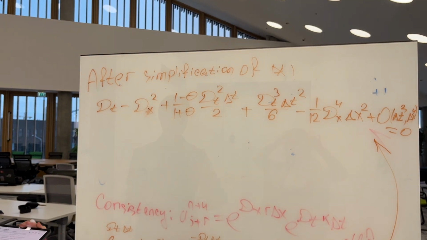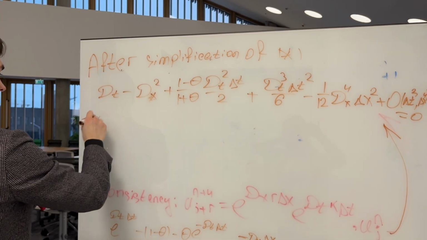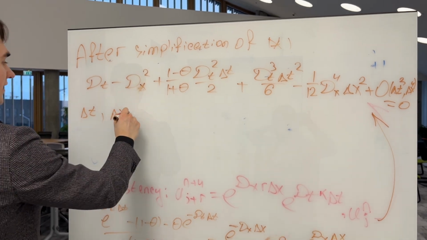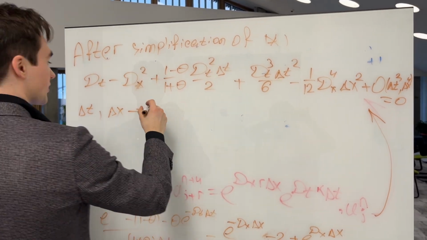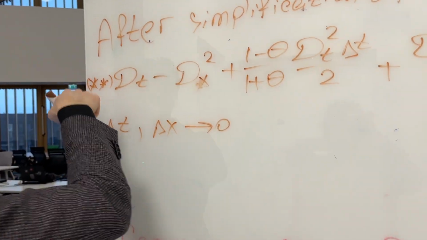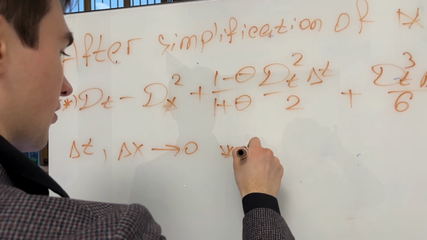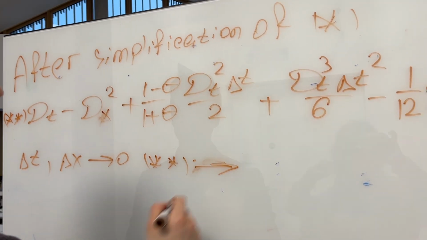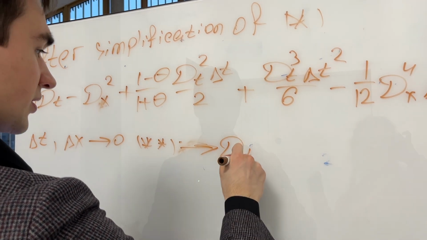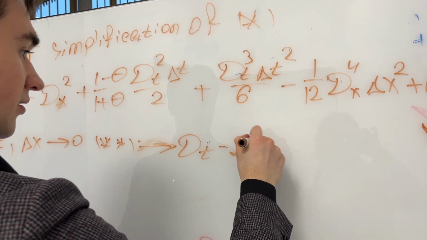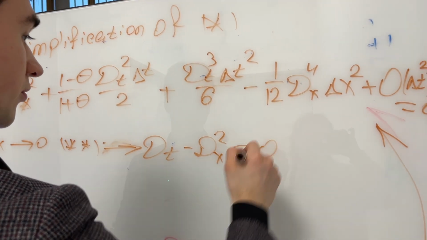Well, we can notice that when delta t and delta x go to 0, our scheme, let's denote it by 2 stars, goes to D_t minus D_x squared equal to 0.